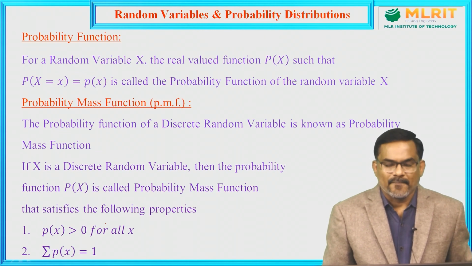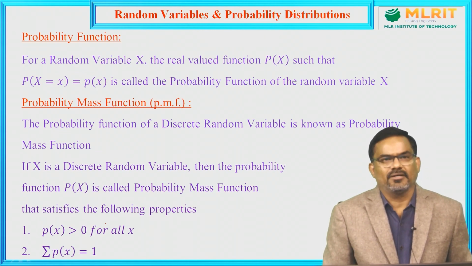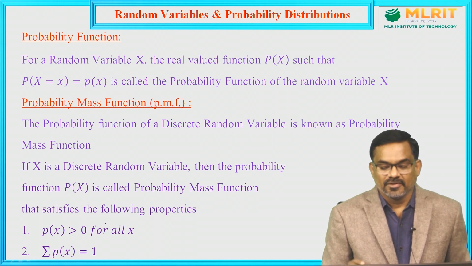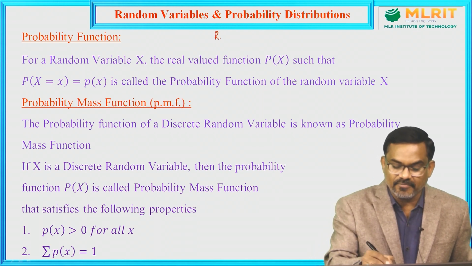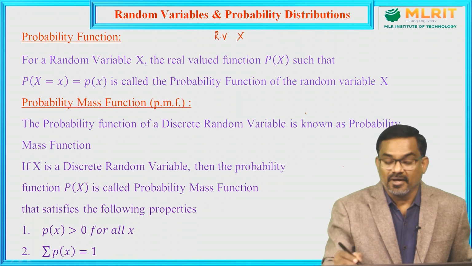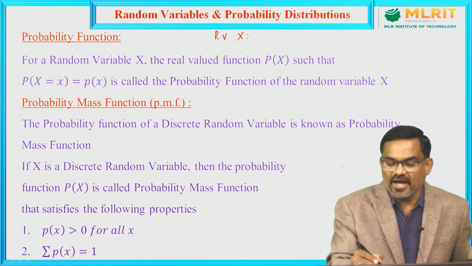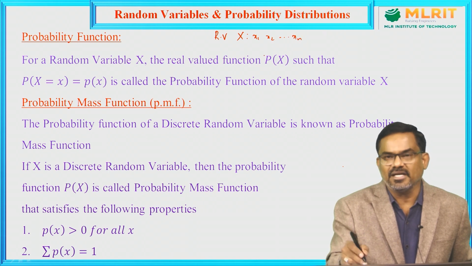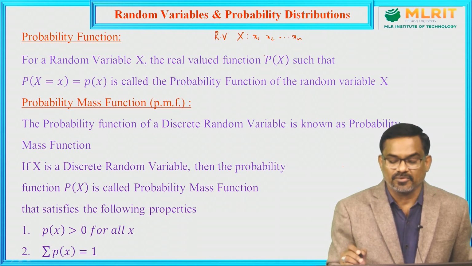Now, let us define the probability function. Here we have a random variable capital X, which takes some values, for example, x1, x2, etc., xn. That means it is a discrete random variable, let us suppose.